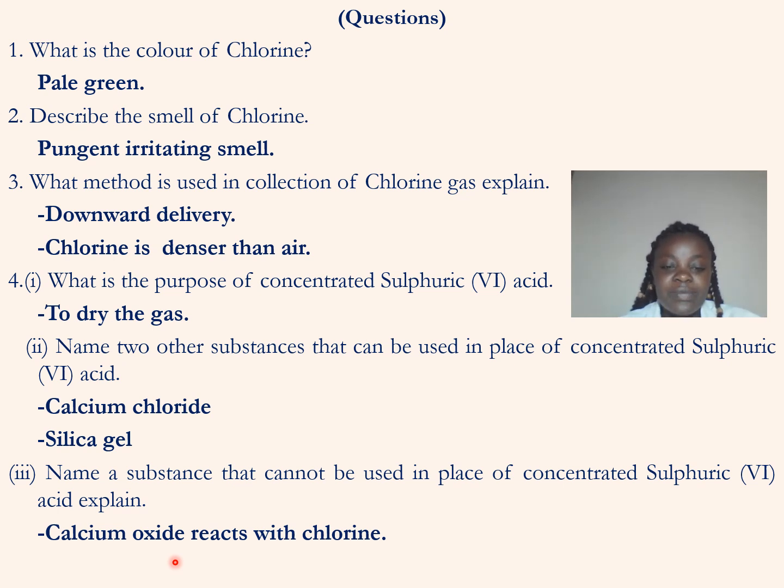So any other drying agent, that is the three but not calcium oxide, can be used to dry chlorine gas. And the reason why calcium oxide is not used to dry chlorine gas is because it reacts with chlorine. So we cannot use it to dry chlorine gas.